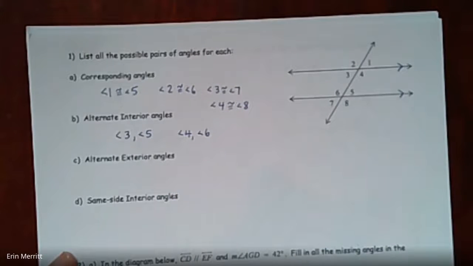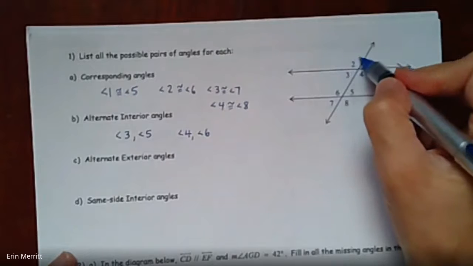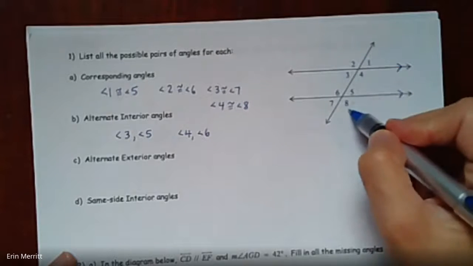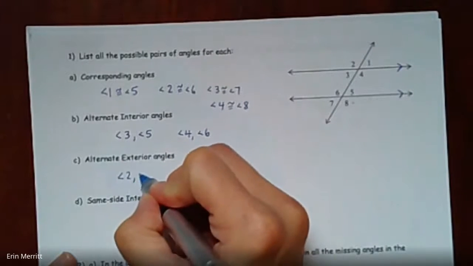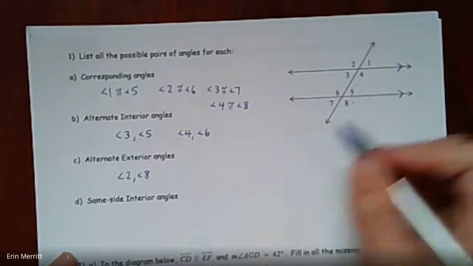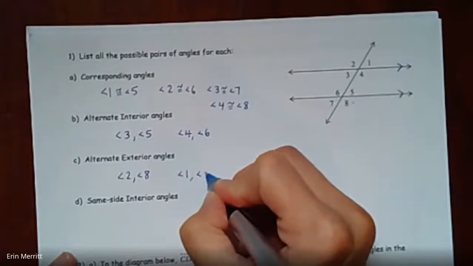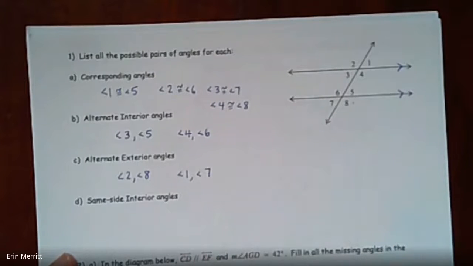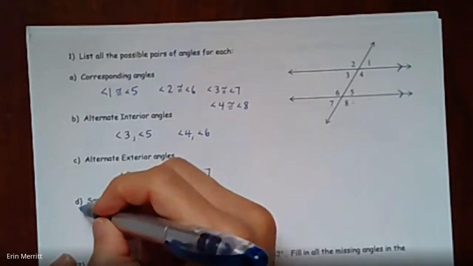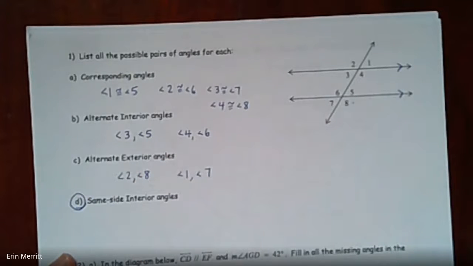All right, alternate exteriors. Angle 2, if that's top left, we match it down to bottom right. So angle 2 and angle 8, and then angle 1 and angle 7. Then I want you to fill in this last one, the same side interiors. What are the pairs there?